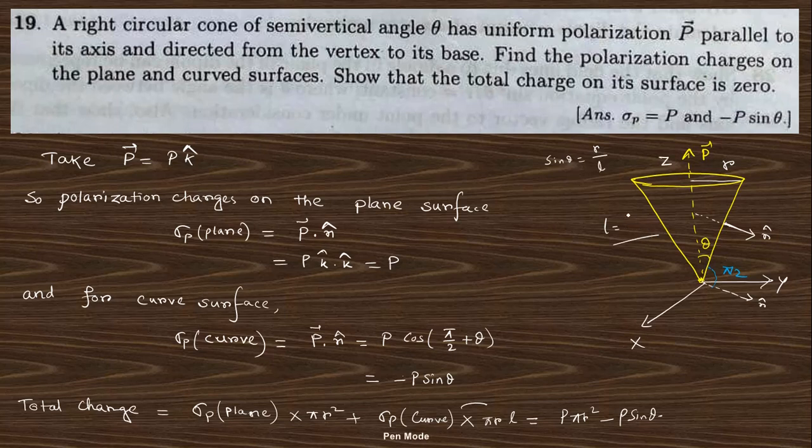So sine theta cancels out, and this pi r square P and that pi r square P, finally you will get 0. Clear? I think clear. So this is the total charge of this surface.